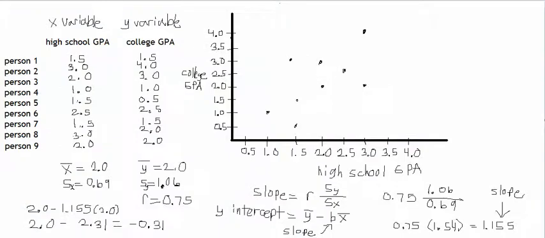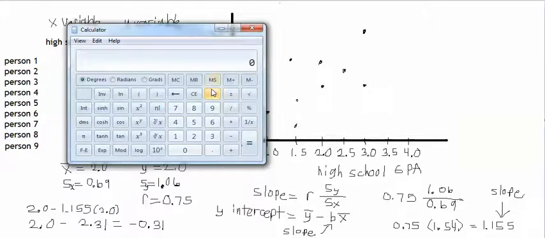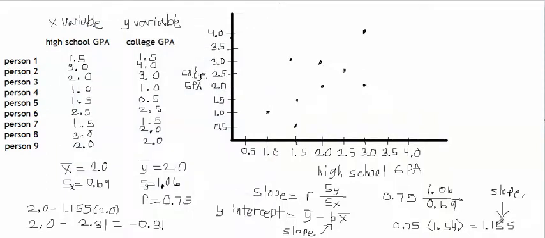So what can we do with that? Well, we could just, let's see. The slope is 1.155.